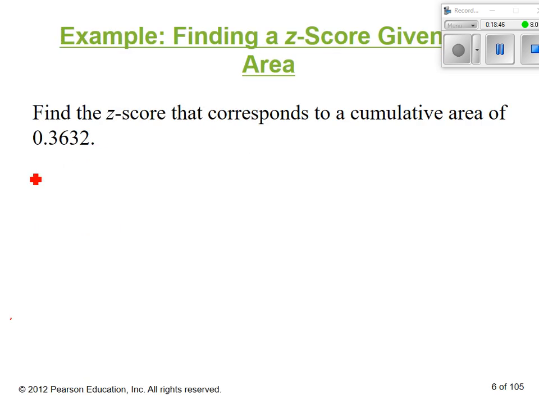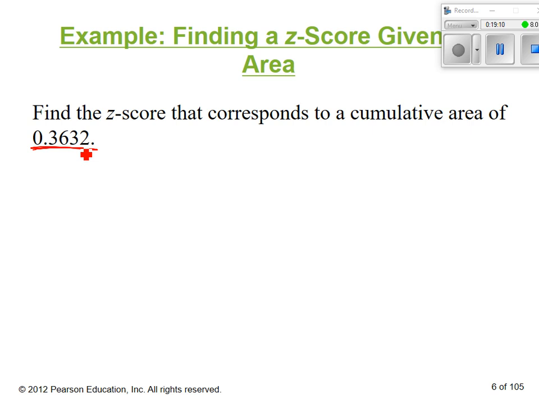So if we're finding the z-score that corresponds to a cumulative area of this, if I go on my chart and I try to find 0.3632, first thing, remember the front page is negative z-scores. The back of the front page is the positive z-scores.